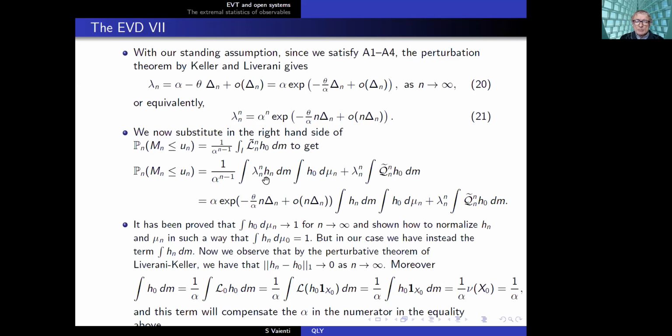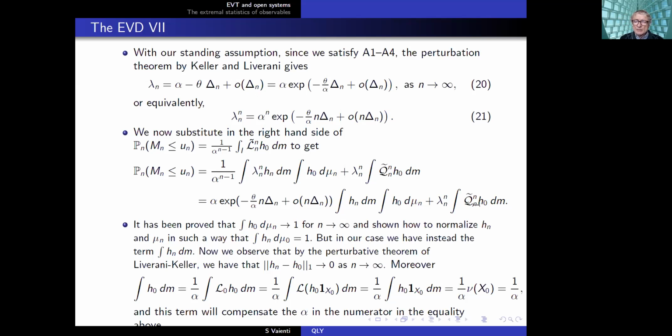Okay, now if we replace the power of this eigenvalue with this asymptotic equality, we get this formula here, and you see immediately that all these terms either disappear.